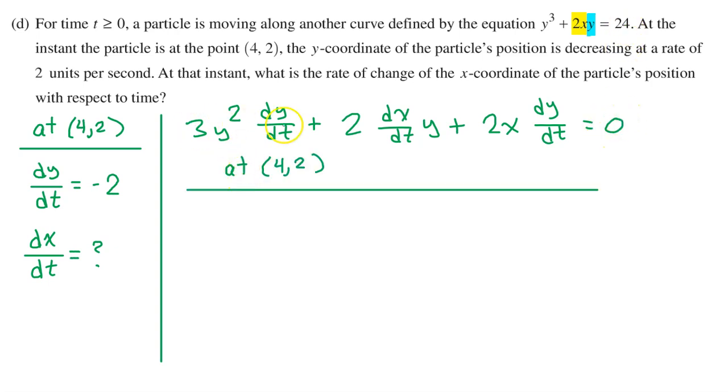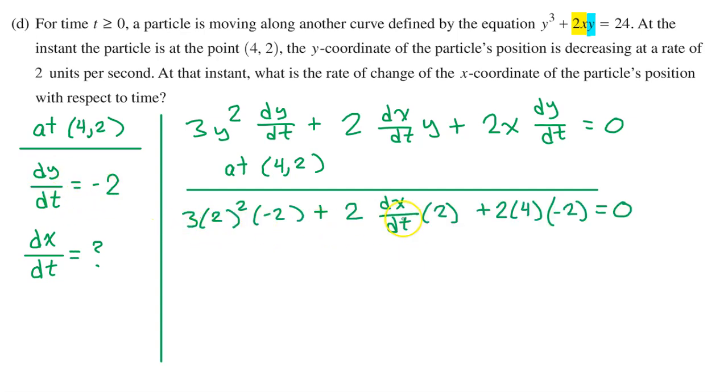Next, we will evaluate this equation at (4, 2). Remember, at (4, 2), dy/dt is equal to -2. So now we have this. We just need to solve for dx/dt. Simplifying a little bit gives us this. -24 and -16 make -40.